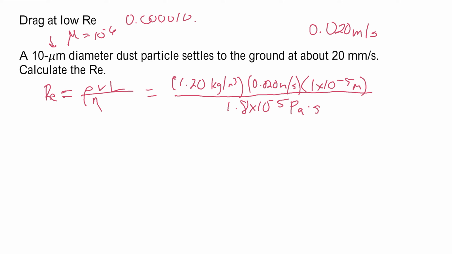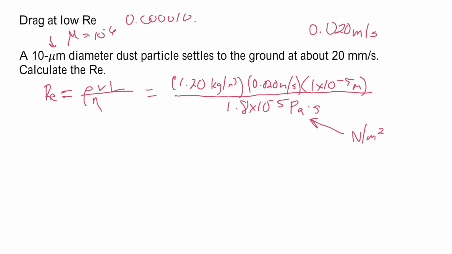A very strange unit. A Pascal is a Newton per meter squared, so we have Newton seconds per meter squared. Now, does a Reynolds number have a unit attached to it?